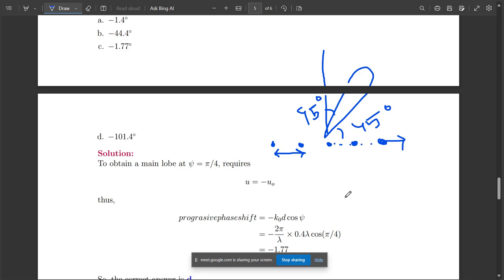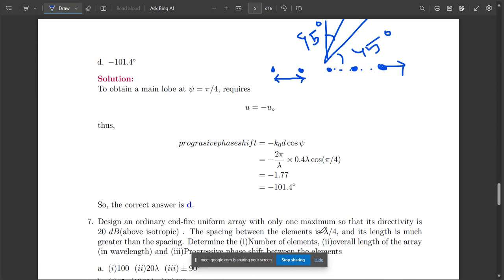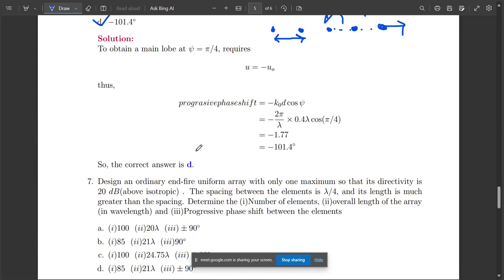Okay, yes. So the correct answer is 101.4 degrees. If you have used pi as 3.14, then you would have got it in radians, so you have to convert that into degrees. If you directly put pi as 180 degrees, you will directly get the answer, which is 101.4 degrees. So the correct option is D, minus 101.4 degrees.